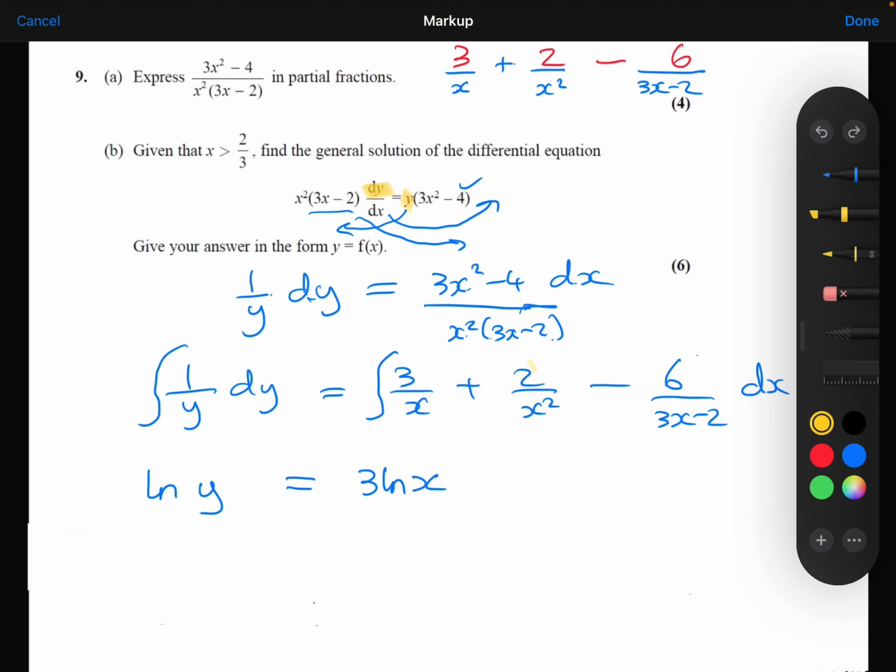So I'm going to rewrite that as 2x to the power minus 2, just to make it easier for me to integrate it. It will not integrate with a logarithm because it has that power. So we'll add 1 to the power and divide by the new power. So the 2 divided by the minus 1 will be minus 2.